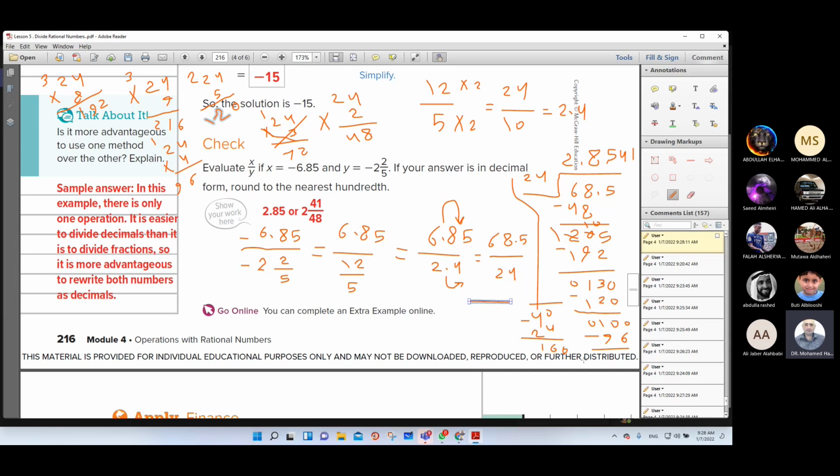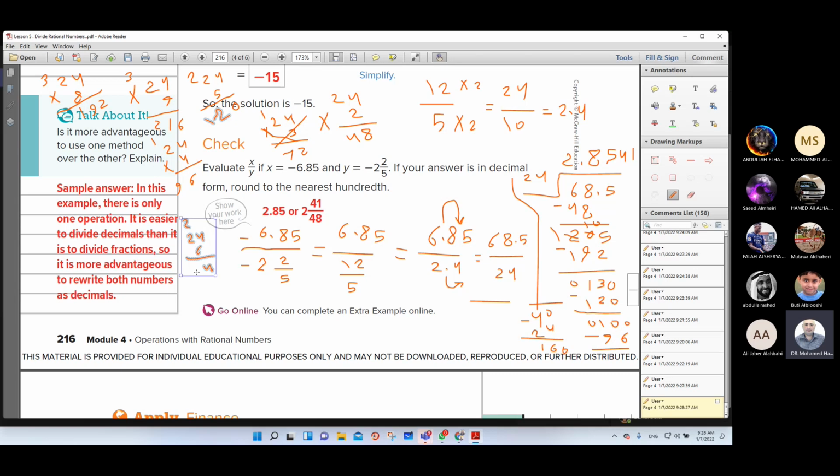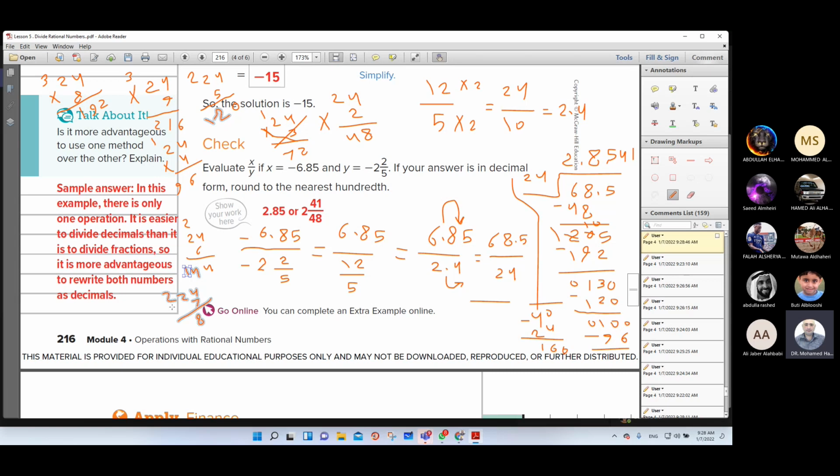So 160 divided by 24, you can try 6 or 7. 24 multiplied by 6: 6 times 4 is 24, 6 times 2 is 12, plus 2 is 14. And if you try 7, 7 times 4 is 28, and 7 times 2 is 14, plus 2 is 16.